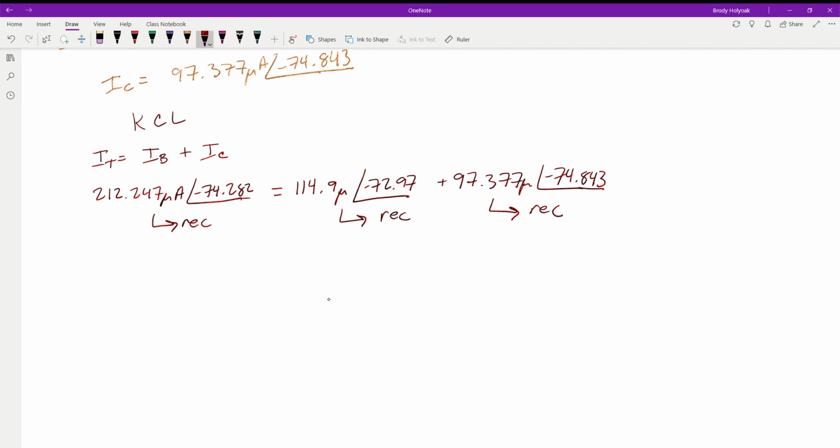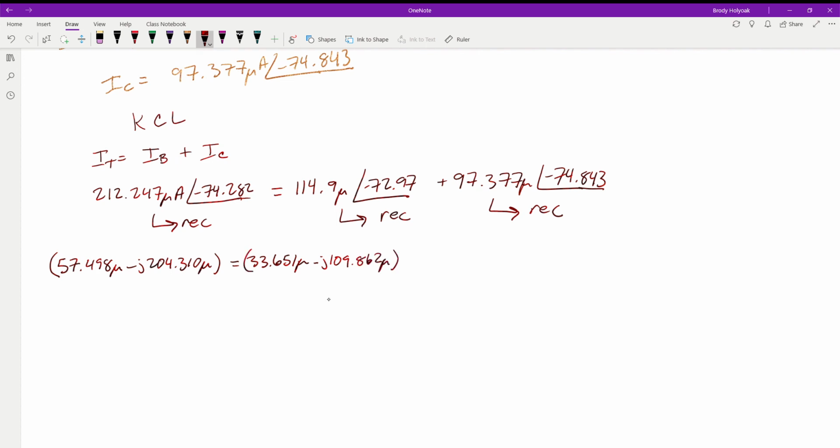So when we do, we end up with 57.498 micro minus J of 204.310 micro is equal to 33.651 micro minus J of 109.862 micro.